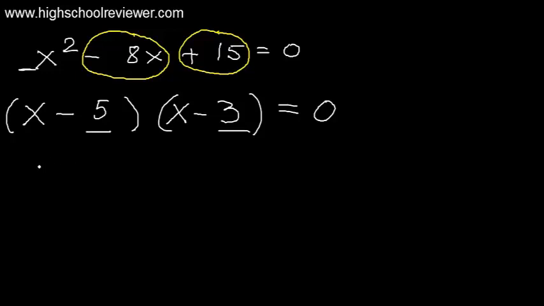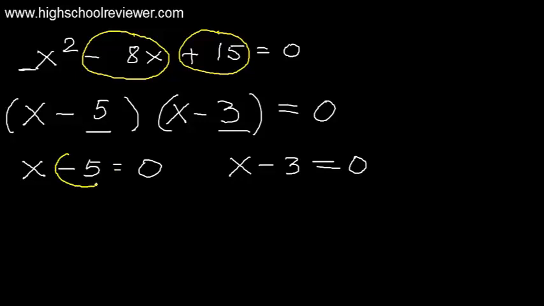Let us find the values of x. The first value of x will be x minus 5 equals 0, and the second value will be x minus 3 equals 0. To find the value of the first x, or x sub 1, we need to transpose, or transfer, negative 5 to the other side.